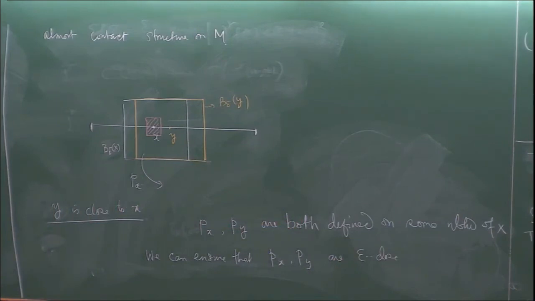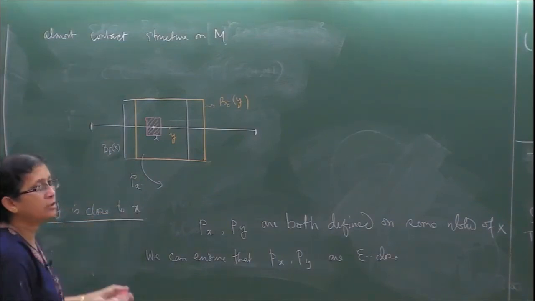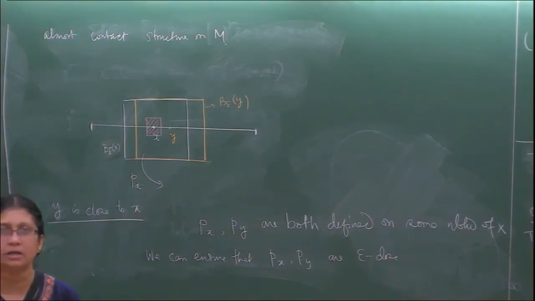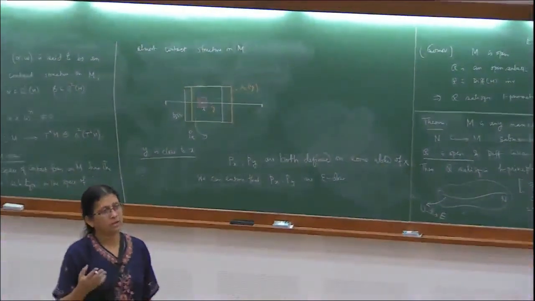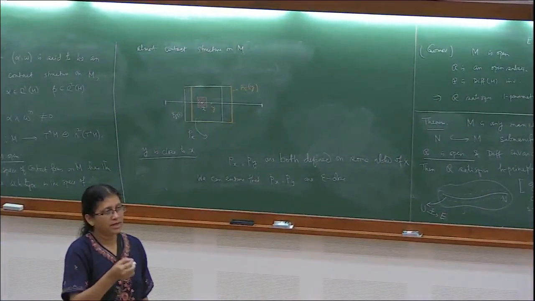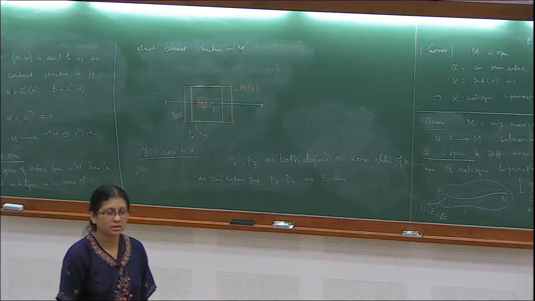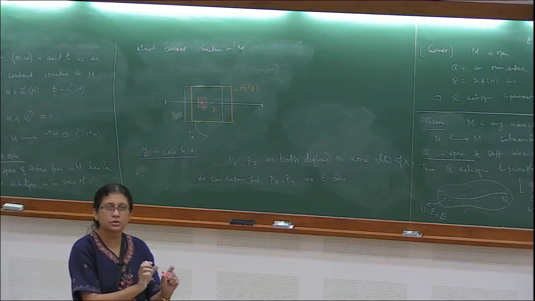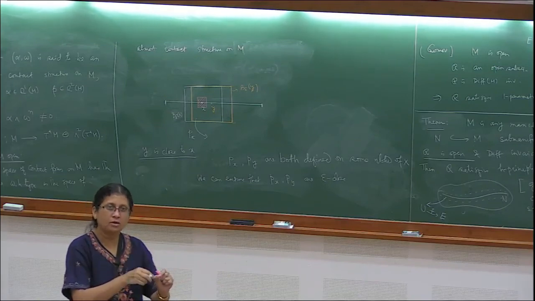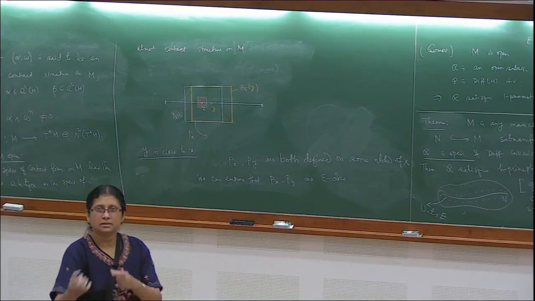Further, these arguments will tell you that if you choose y sufficiently close to x, then you can homotop Px and Py on a neighborhood of x. Okay, argue this way. Px value is going to some neighborhood, choose that contractible, and then choose y sufficiently close to x, so that this Py also maps a smaller neighborhood of x inside that contractible neighborhood.